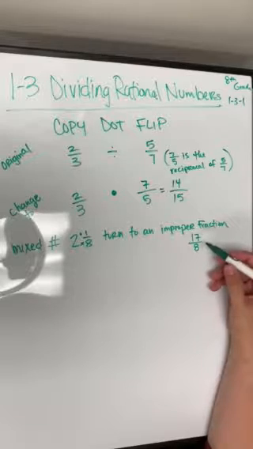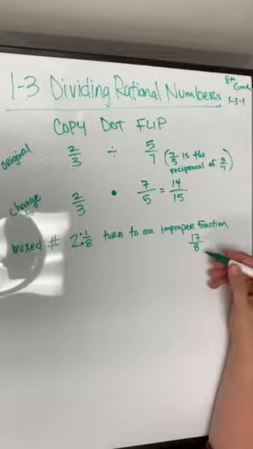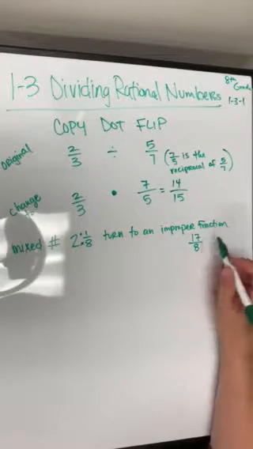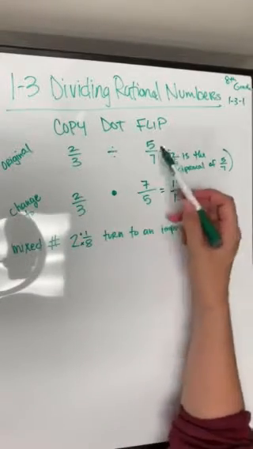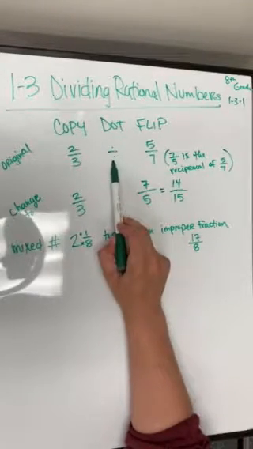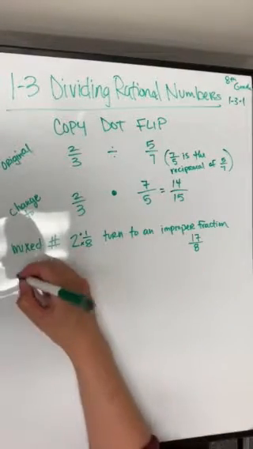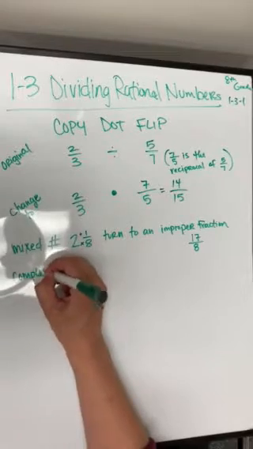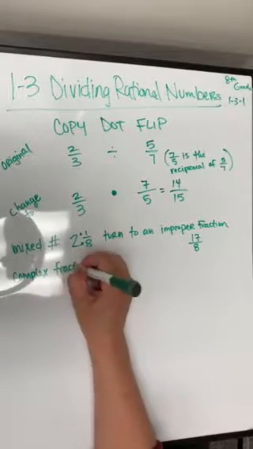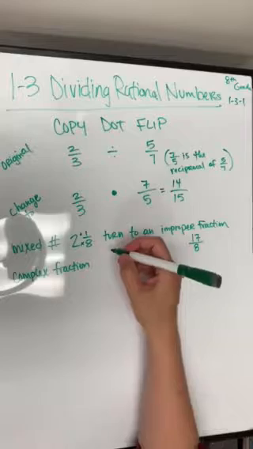There is such a thing as complex fractions. A complex fraction would be like if I took this one, and because every division problem is basically just a fraction, I can make this into a fraction. A complex fraction would be like a fraction over a fraction.